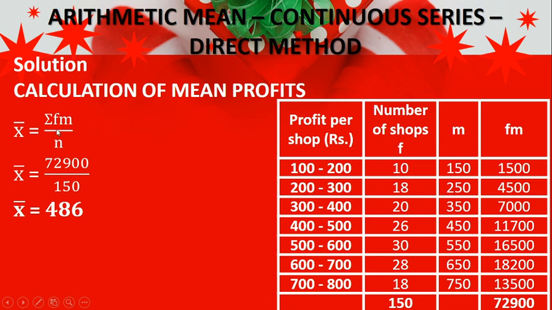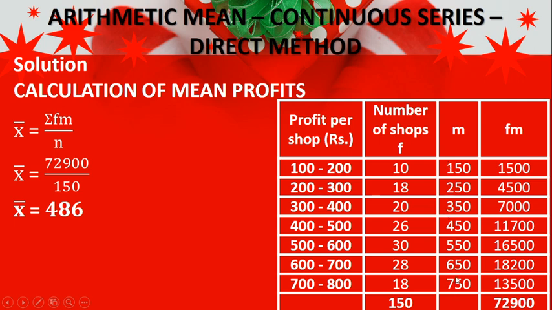Since our formula says sigma fm by n, we are first finding the midpoint m. M is found as 150, 250, 350, 400 to 500 the mid value is 450, 500 to 600 it is 550, 600 to 700, 650 and 750.